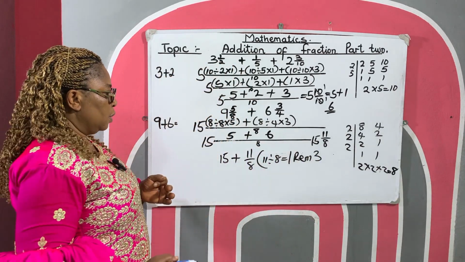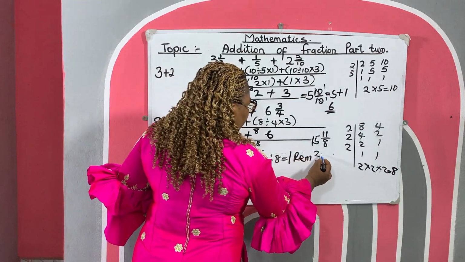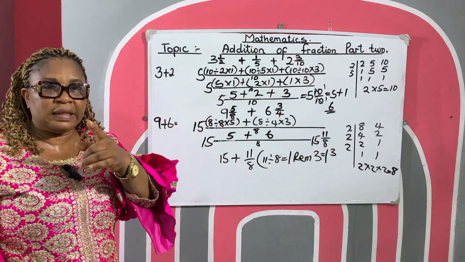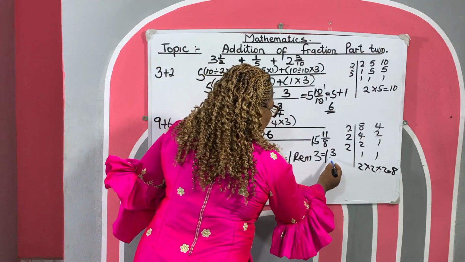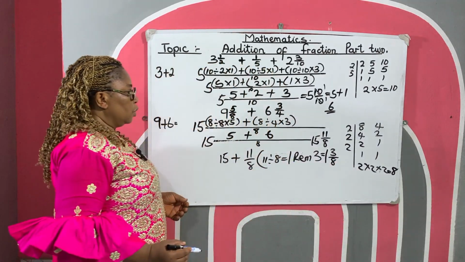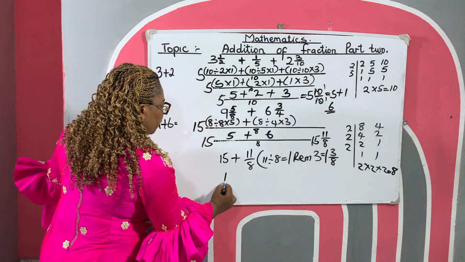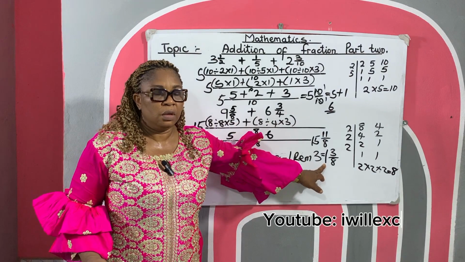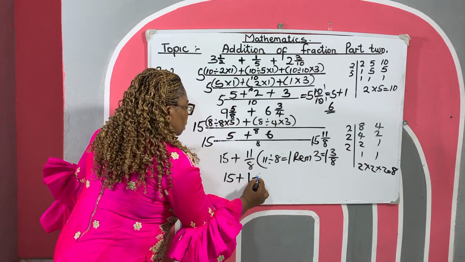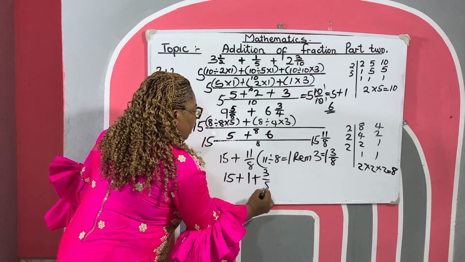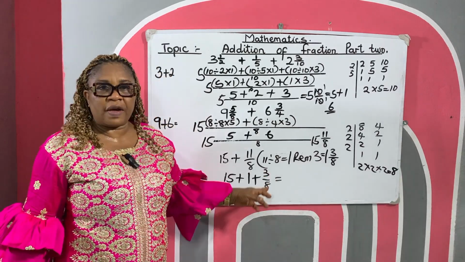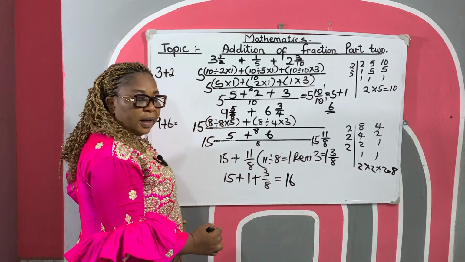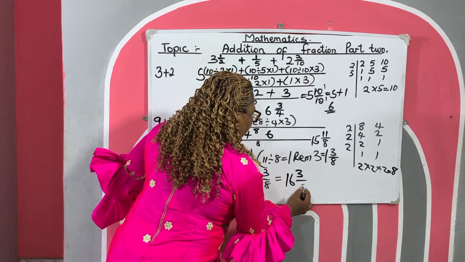So we have 1 whole number 3. The denominator remains the same. So we now have 15 whole number plus the whole number we got, which is 1, plus 3 over 8. And that will give us 16 whole number 3 over 8.